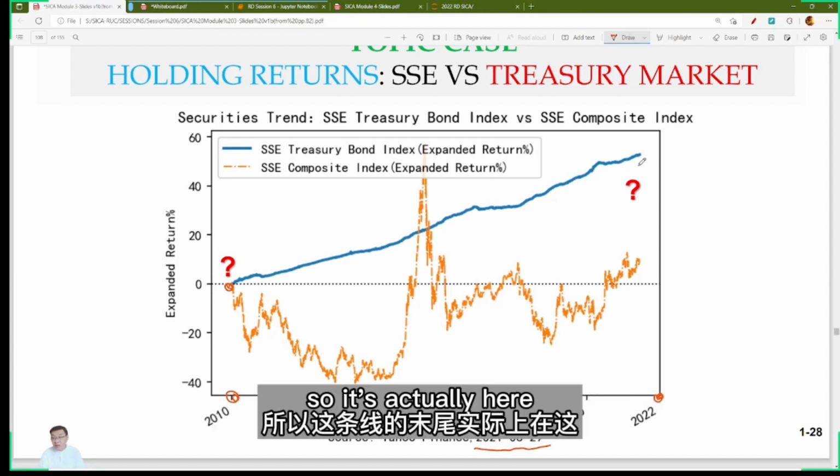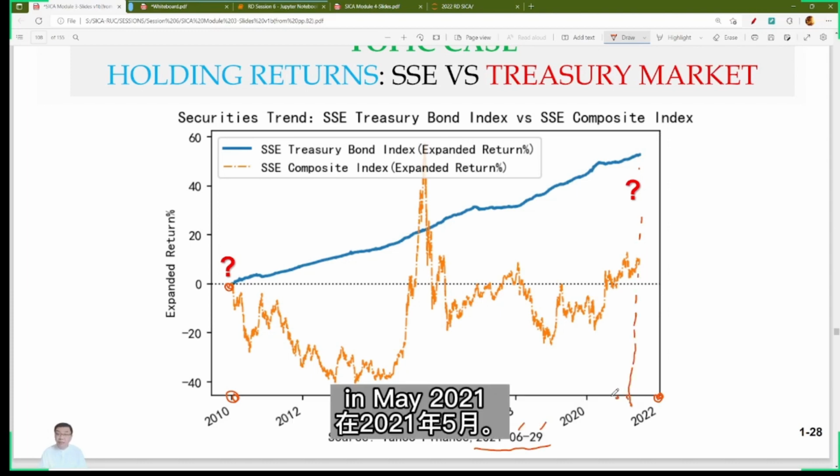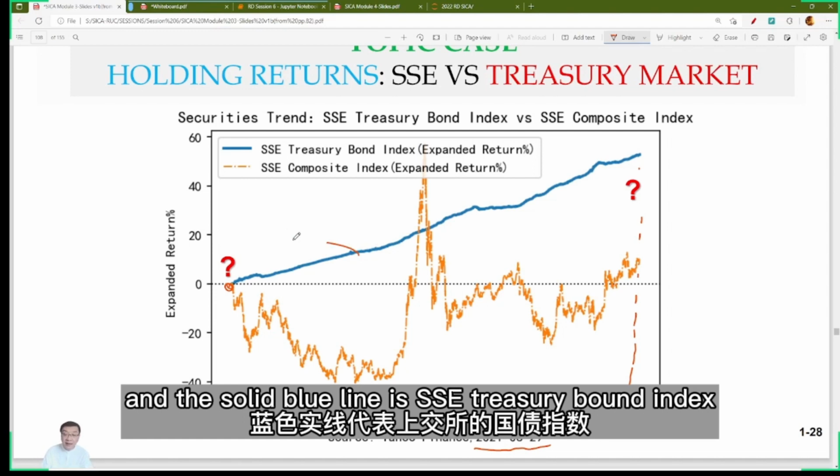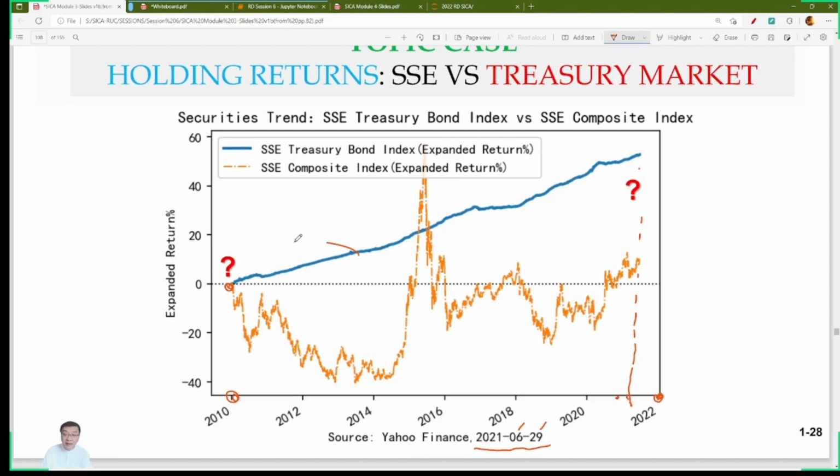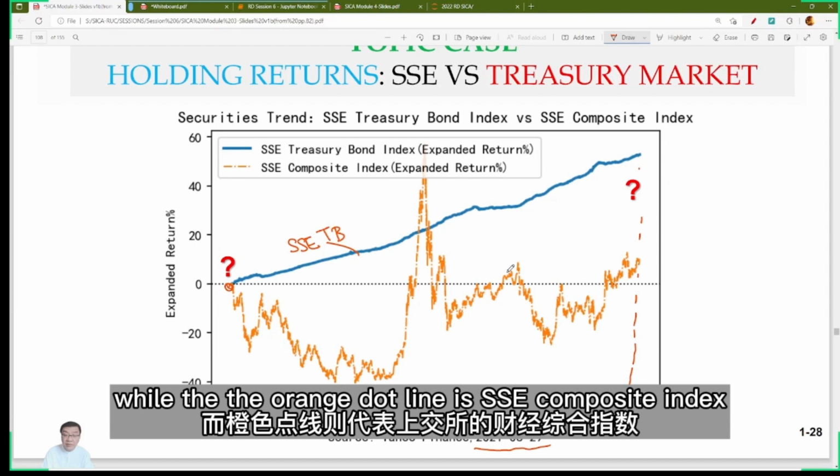Okay, so it's actually here, right? It's actually here in May 2021. And the solid blue line is the SSE Treasury Bond Index, while the orange dotted line is the SSE Composite Index.